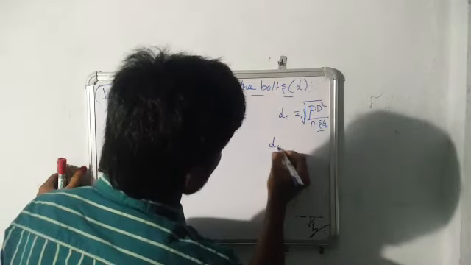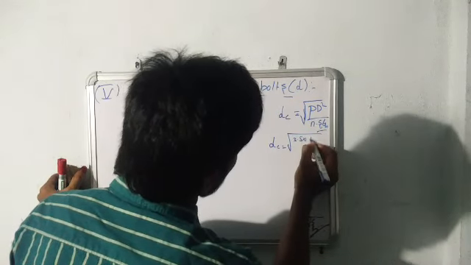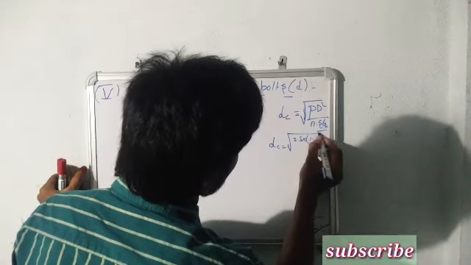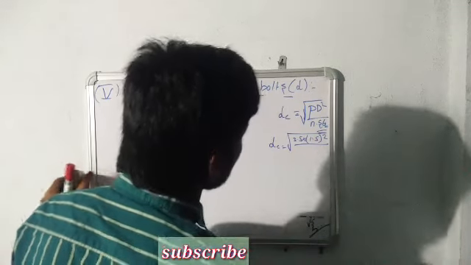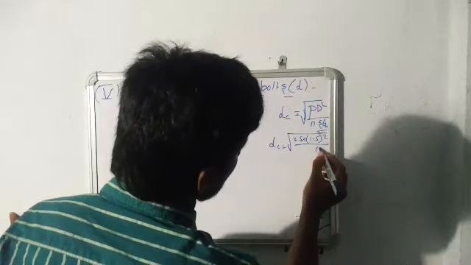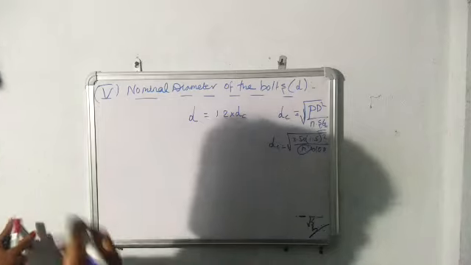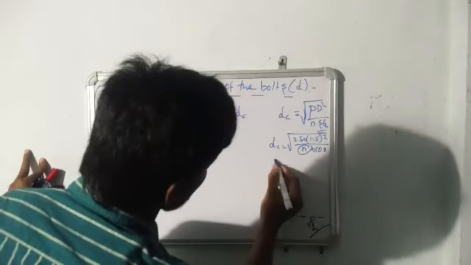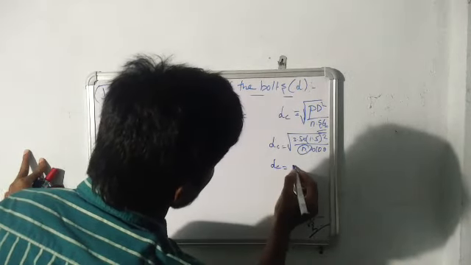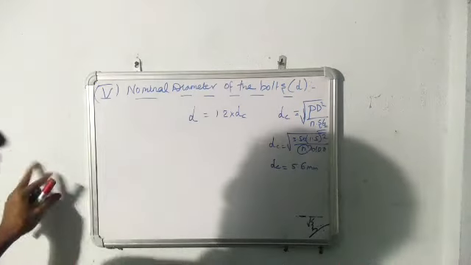D C equals root of 3.5 into 115 whole square divided by 100 into N, the number of bolts. By simplifying, we get D C equal to 5.6 mm.